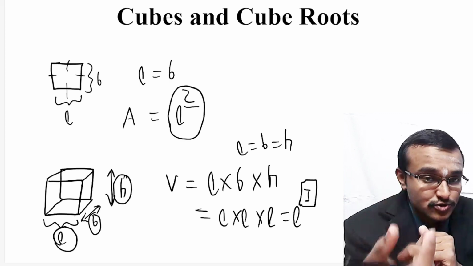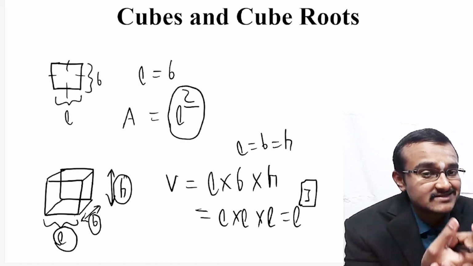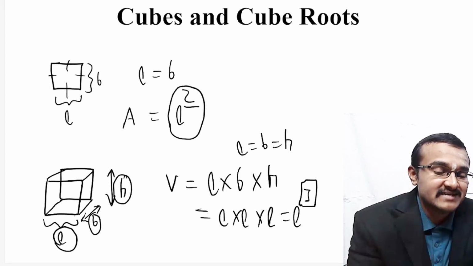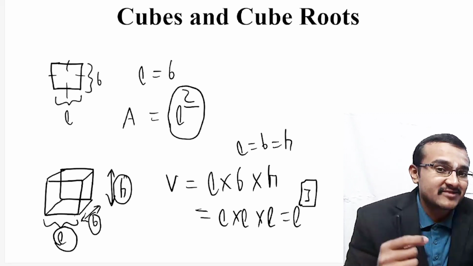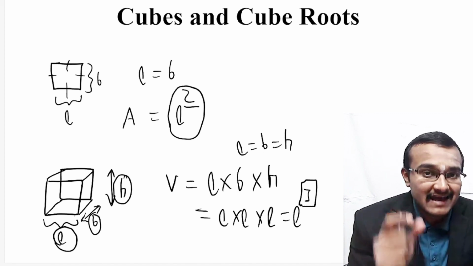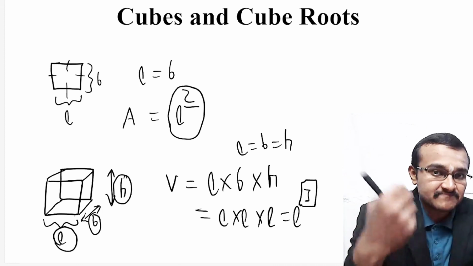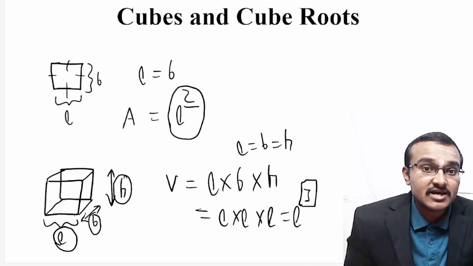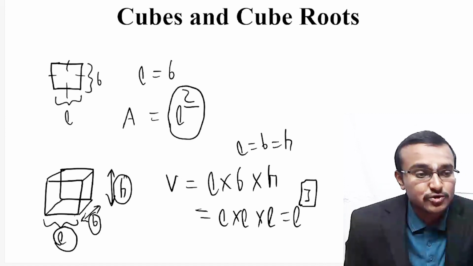Anything to the power 2, we refer to as square. So L power 3 means L cube. That means that particular value L has power 3, so L should be multiplied with itself 3 times. This is the explanation for cubes.